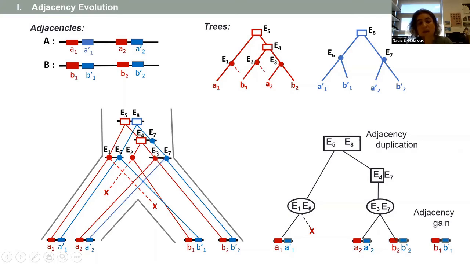Okay, and then this adjacency here is inherited in genome A and in genome B. And you see that this adjacency is actually a new one, a new one created, as E6 becomes adjacent to E2 here. So the output is a forest of two trees, which reflects an evolution with one gain and no loss of adjacency.